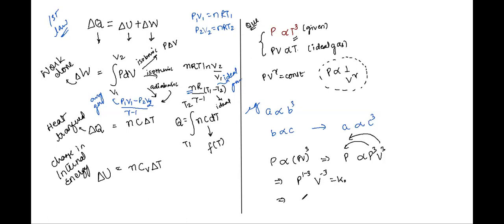Now, what does the expression become? P to the power minus 2 into V to the power minus 3 is constant. Now, is it of the same form, the one which we required? No, right? Because the power of P in the form required is 1, whereas here the power is minus 2.